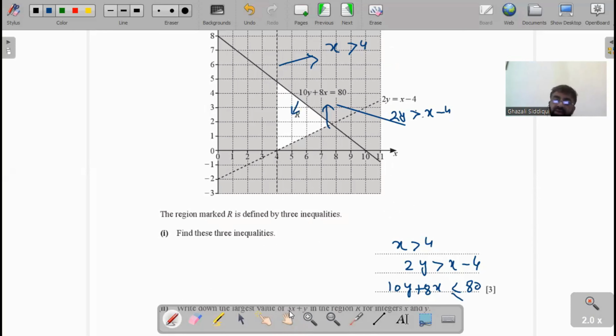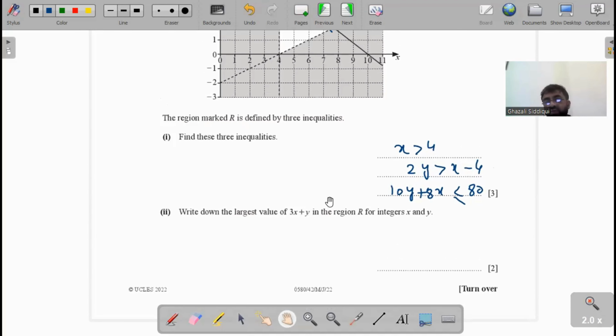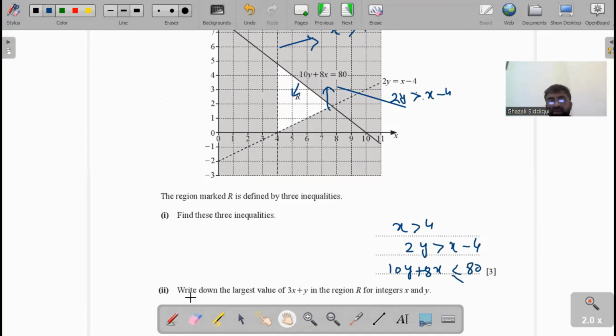Okay, now the next part is: write down the largest value of 3x plus y in the region for integer x and y. We take the maximum integer x as 5, and we take these points: 5, 1, 5, 2, 5, 3, 5, 4.